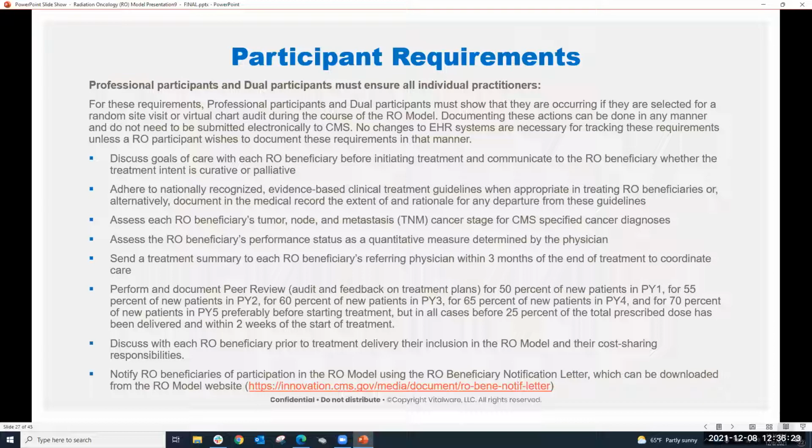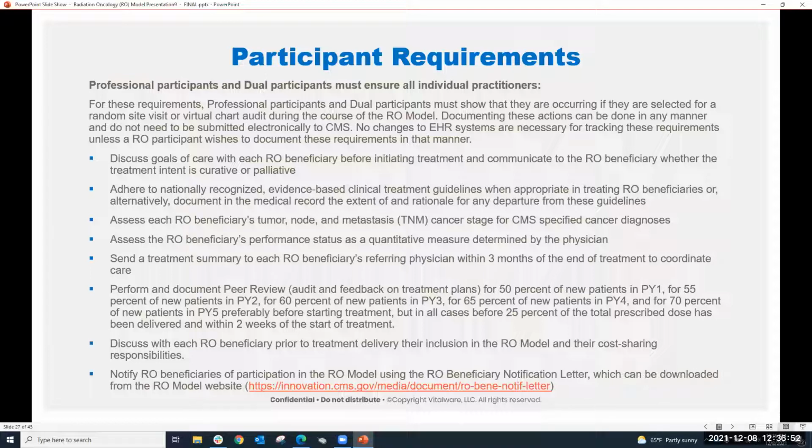The next one is to perform and document a peer review. In performance year 1, it would be 50% of your patients, in performance year 2, 55%, and so on, as listed here. Your peer review is basically just feedback from another provider. It can be in another practice, or from someone on the care team.